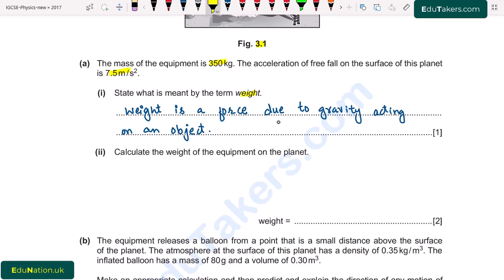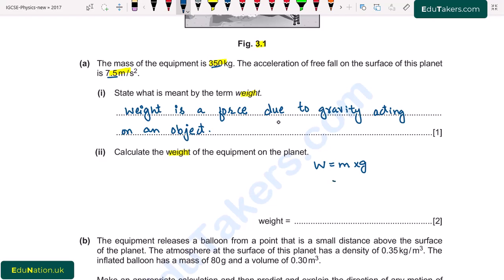Part 2. Calculate the weight of the equipment on the planet. So here we have to find out the value of weight. In Part A, we are given the value of mass and acceleration of free fall. So we know that weight is the product of mass and acceleration due to gravity.